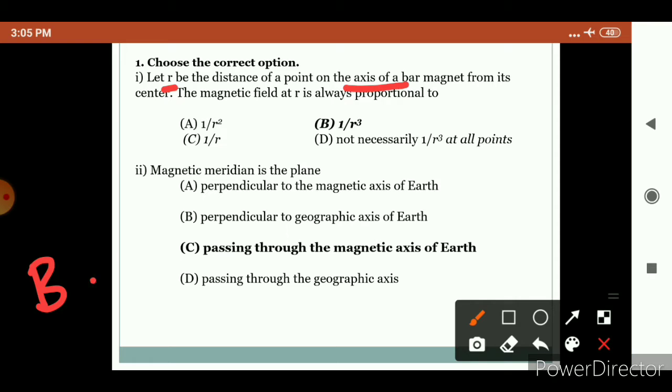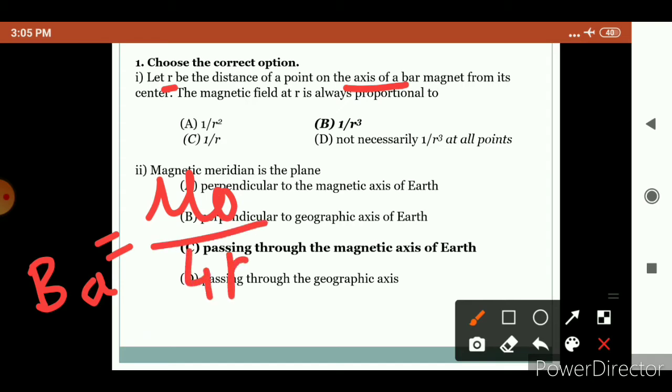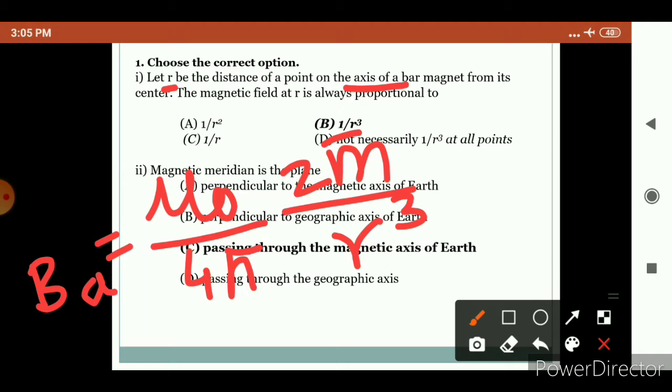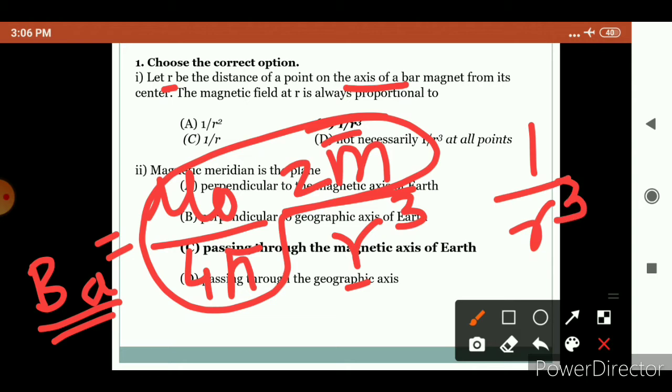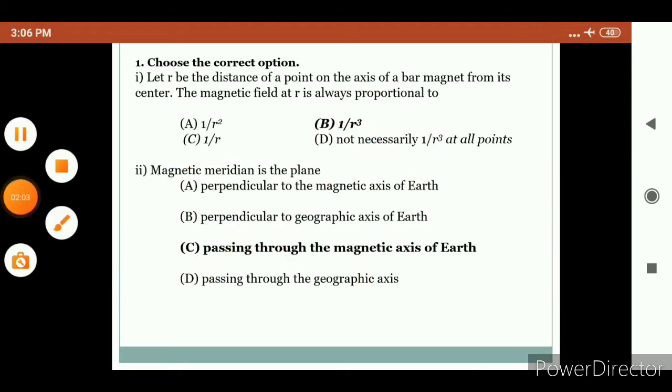For the axis, the magnetic field B axis is equal to mu 0 upon 4 pi times 2m, that is the magnetic dipole moment, divided by r cube, that is the distance of that point from the bar magnet, so that will be r cube. All the other terms are constant, so the magnetic field along the axis is proportional to 1 upon r cube. So the answer for this will be B.